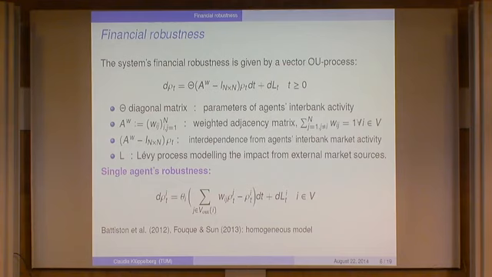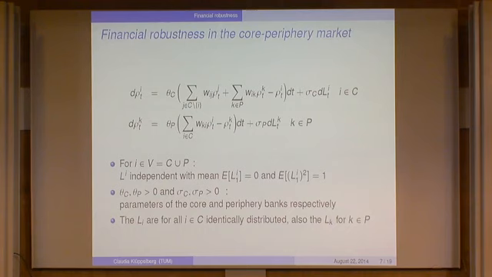Okay, so this is now our model. So it reflects this core-periphery structure in a certain sense. Yeah? So of course we have to specify this by specifying the weights. So okay. Now, what we do here, we think of this market.